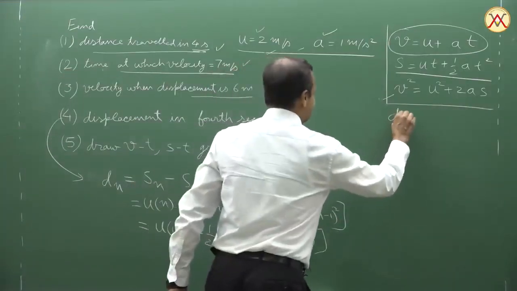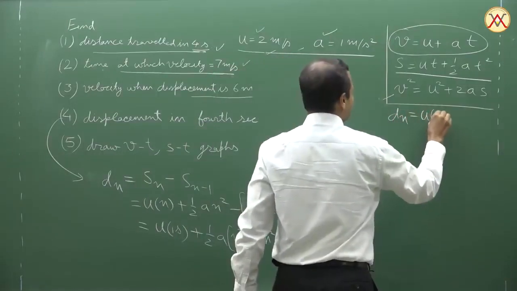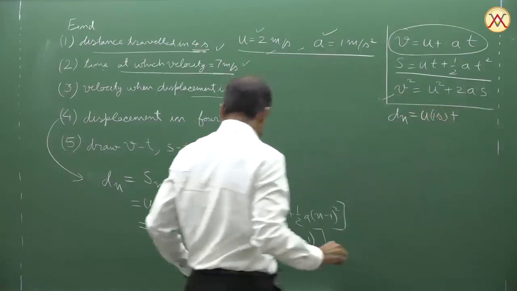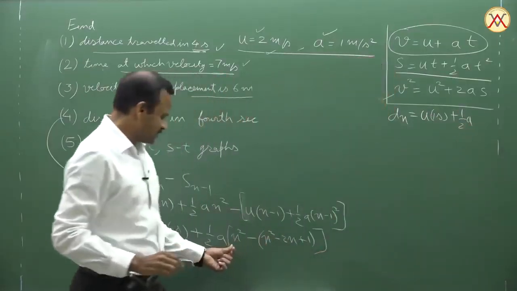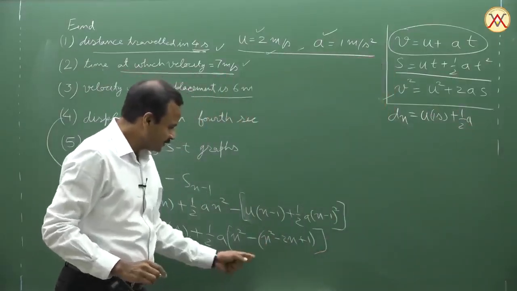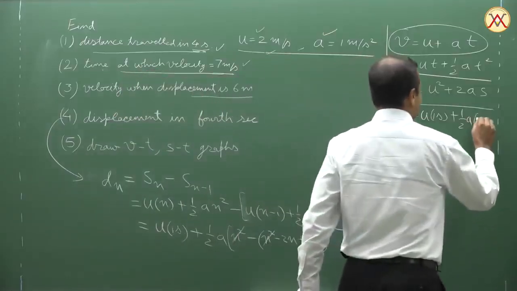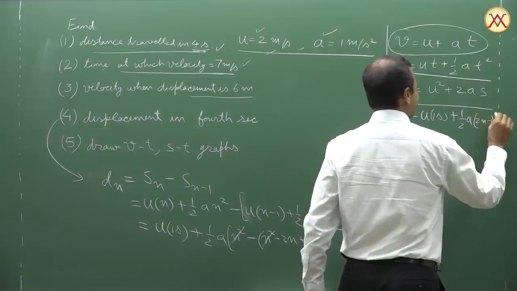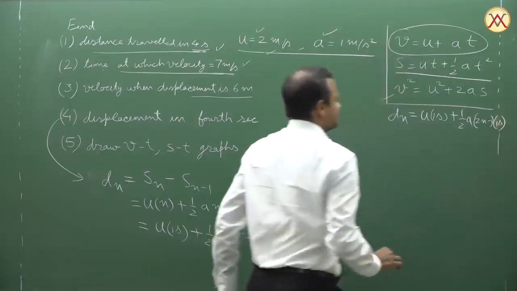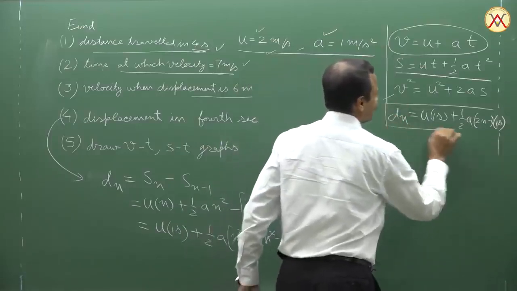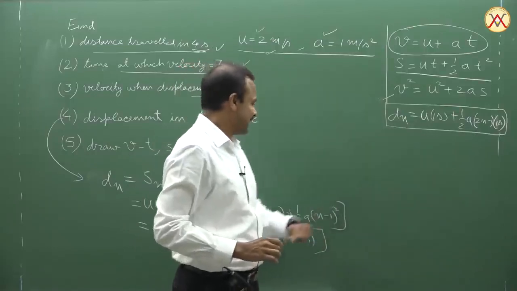I will write it here as u multiplied by 1 second plus half a times, n squared cancels and it will become 2n minus 1, 2n minus 1 times again 1 second. So this is the result for displacement in the nth second.